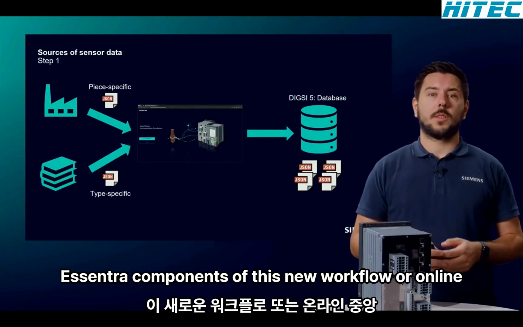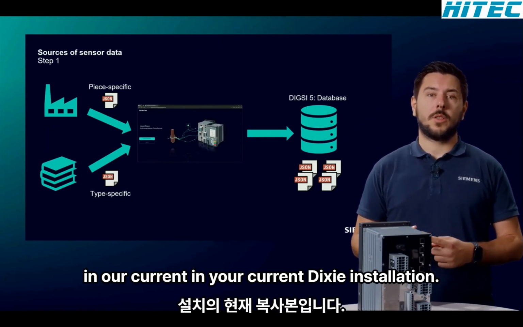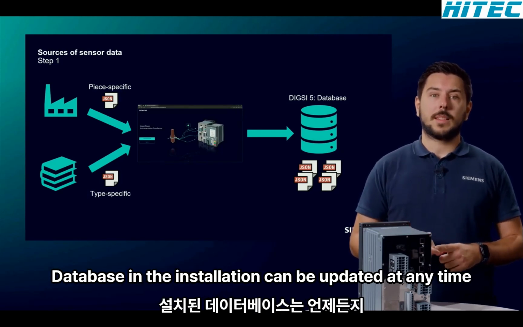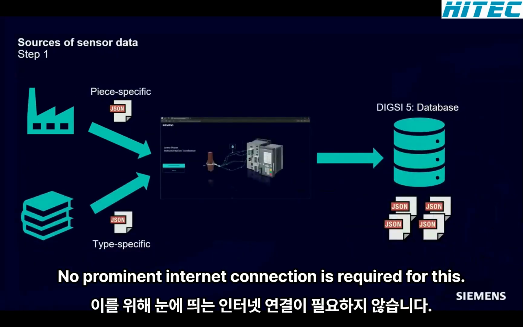The central components of this new workflow are our online sensor database, as well as the copy of it in your current Dixie installation. The database in the installation can be updated at any time with current sensor data. No permanent internet connection is required for this.